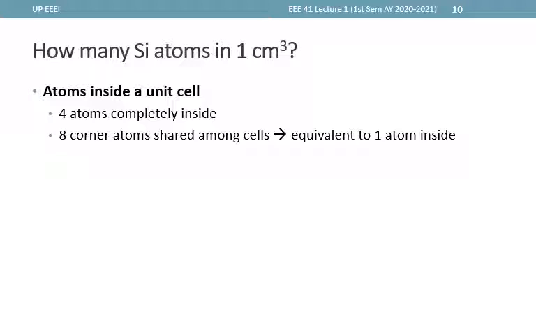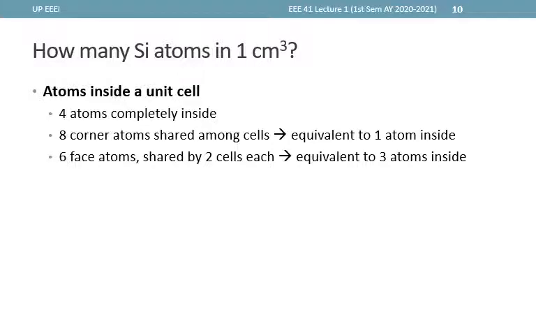Each corner atom only contributes 1/8 to a unit cell, so the 8 corner atoms are equivalent to 1 atom inside the unit cell of concern. We also have 6 face atoms shared by 2 cells each, or each face atom only contributes 50% of an atom. So the 6 face atoms are equivalent to 3 atoms inside. In total, we have 8 silicon atoms per unit cell of the silicon crystal.